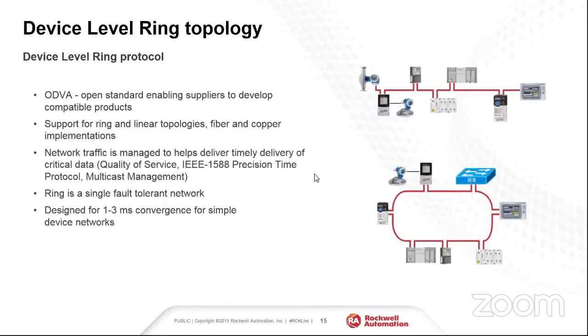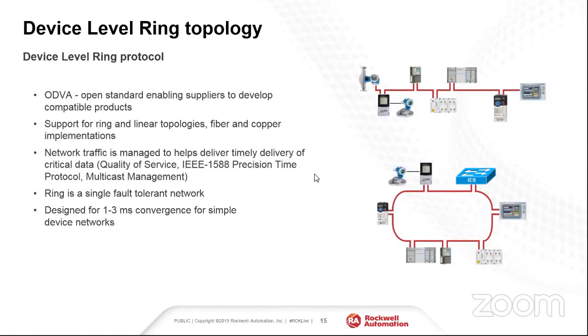It is an ODVA open standard, enabling suppliers to develop compatible products. Support for the ring and linear topologies can be done via fiber or copper. Network traffic is managed through time delivery, QoS for quality of service, and precision time protocol. The ring is, as I said earlier, a single fault tolerant network.